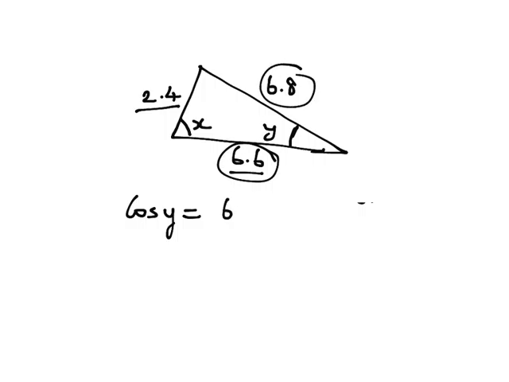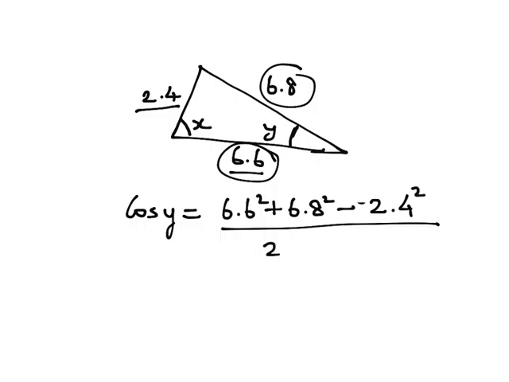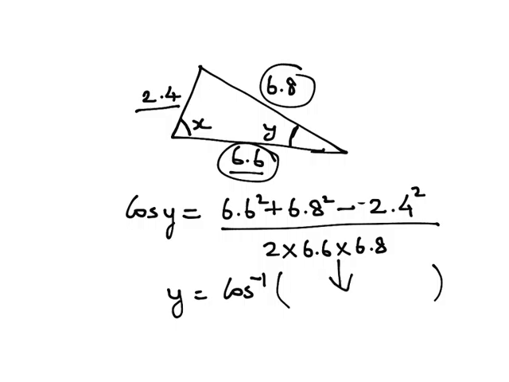So 6.6 squared plus 6.8 squared minus the remaining side, 2.4 squared, divided by twice 6.6 into 6.8. So y equals cos inverse of this expression.